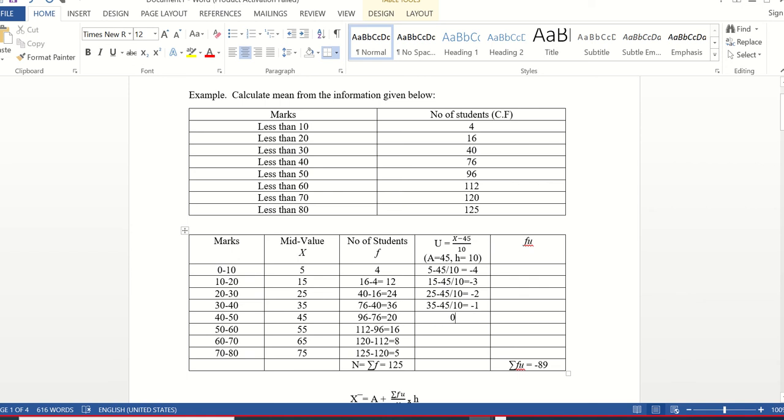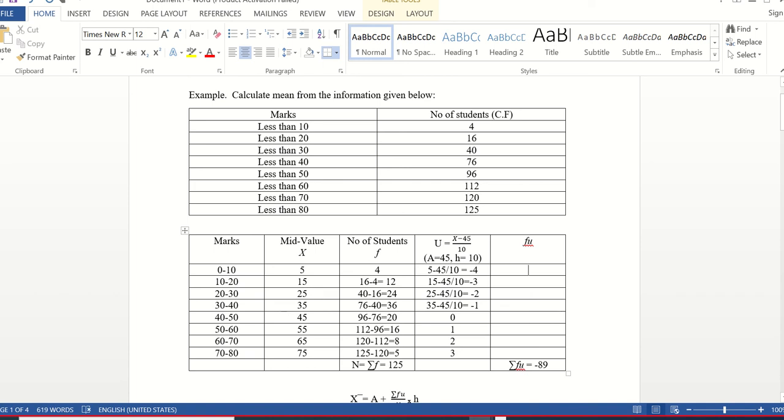Plus 10 divided by 10 is 1. Then 65 minus 45 is 20. 20 divided by 10 is 2. 75 minus 45 is 30. 30 divided by 10 is 3. So this is how we have calculated u. Here I am using the step deviation method, just so that we can simplify the values.